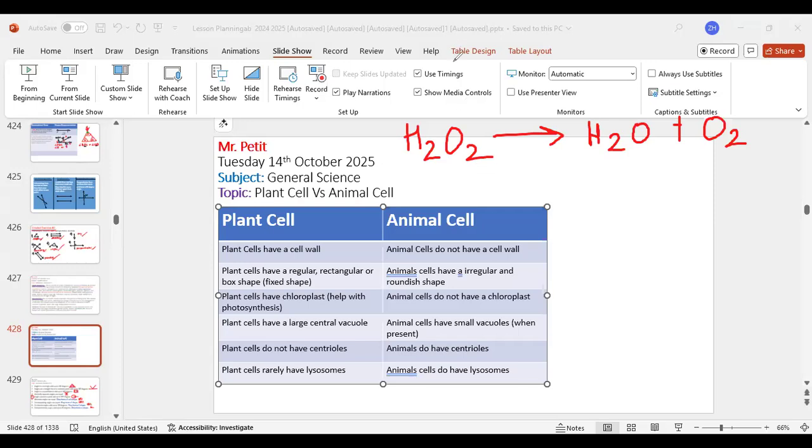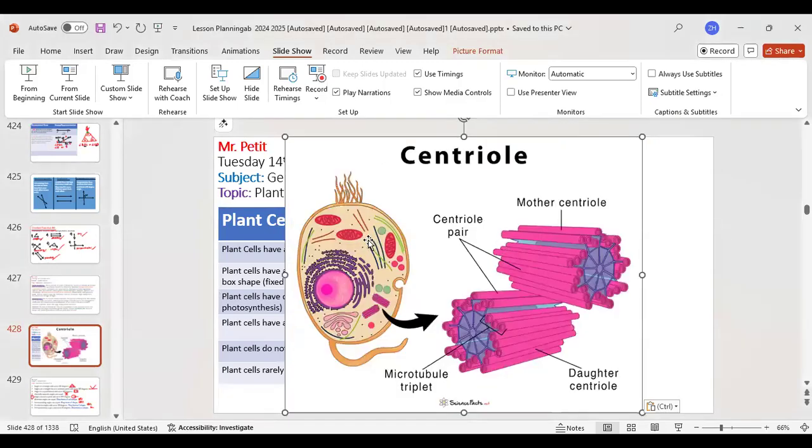Okay, these are the differences. Now, let me just show you all the centrioles. So cell centriole. So y'all could see it. Okay, so this is a picture of an animal cell. And you see these tube-like structures. This we call a centriole.